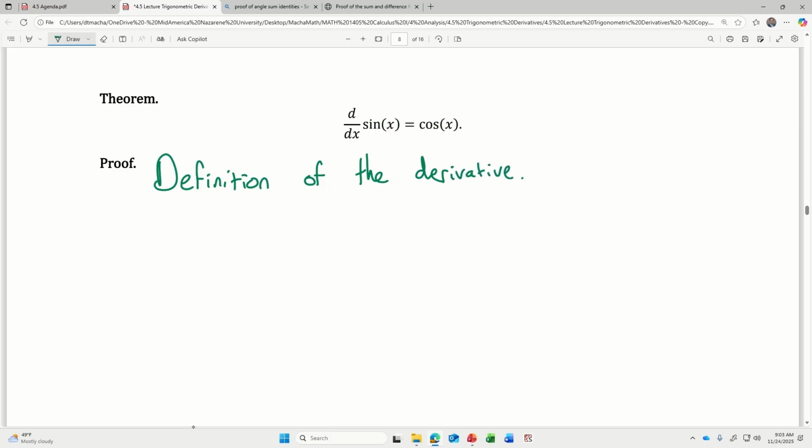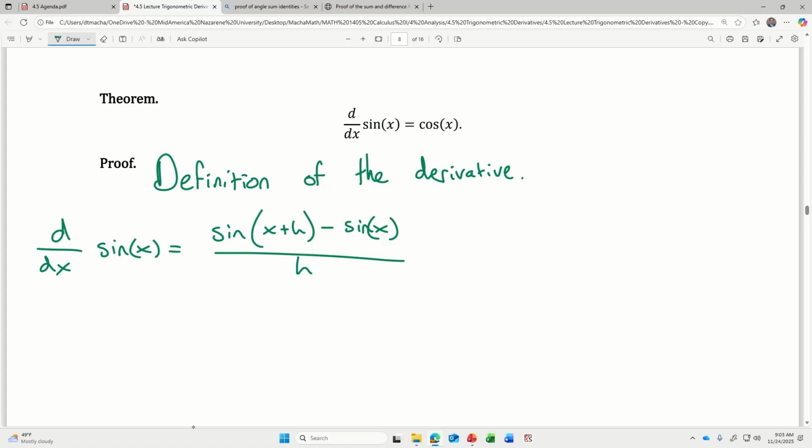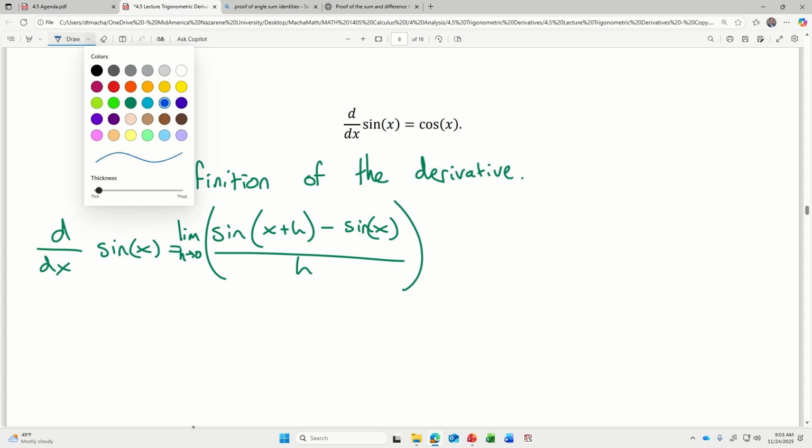That definition would say that the derivative of sine of x is equal to sine of x plus h minus sine of x divided by h, in the limit as h approaches 0. That's the definition of what it means to take a derivative of sine.